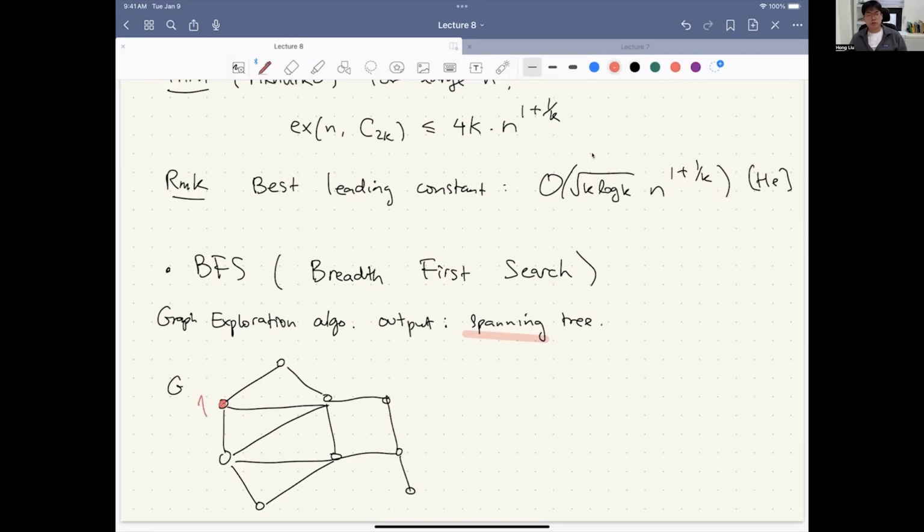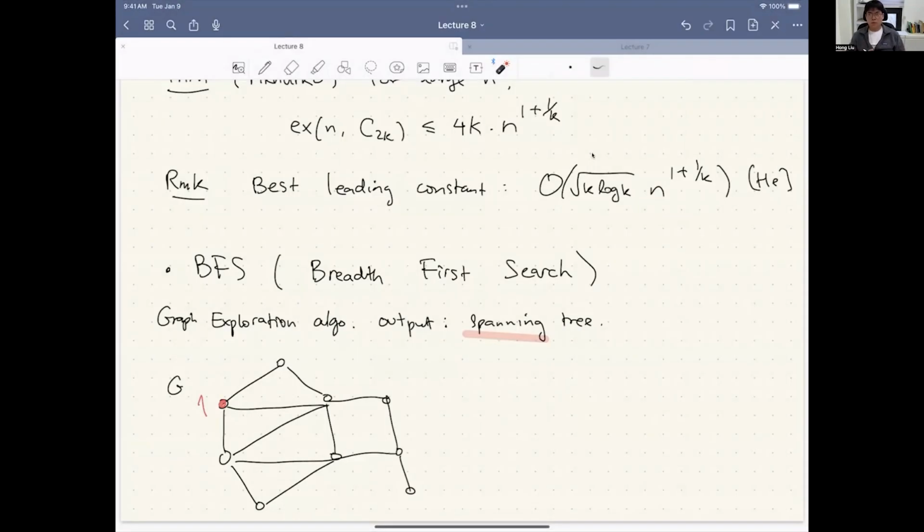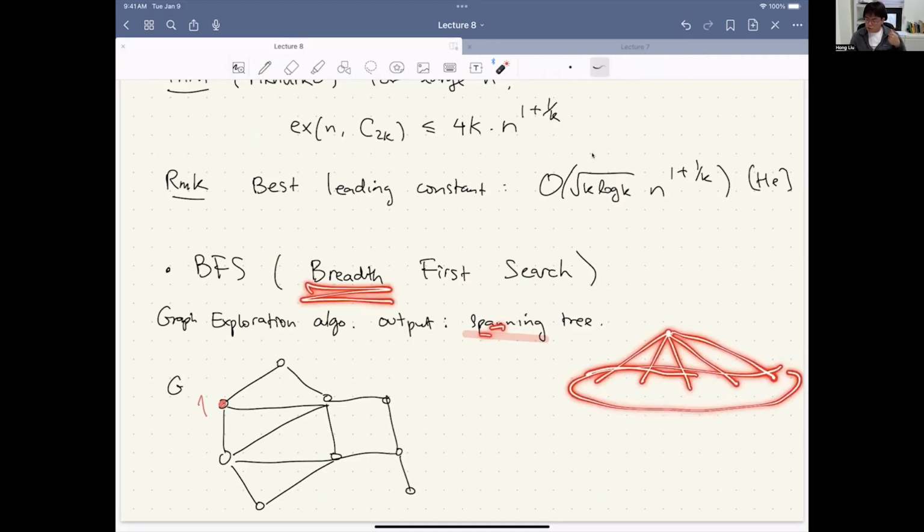The idea is we start with an arbitrary vertex and explore all its neighbors. This is what breadth means. When you exhaust all its neighbors, now you go to the first neighbor of it and exhaust all the first child's neighbors.